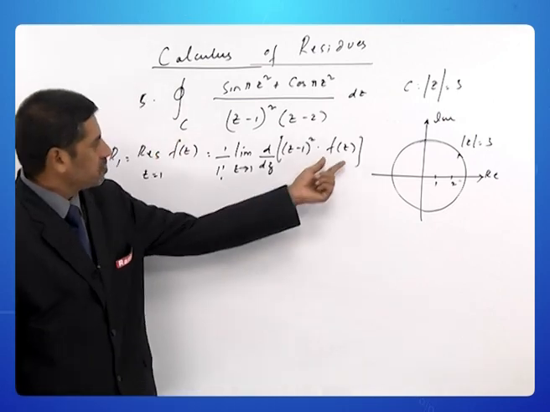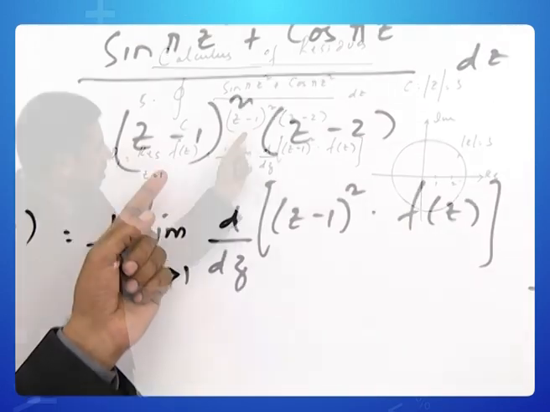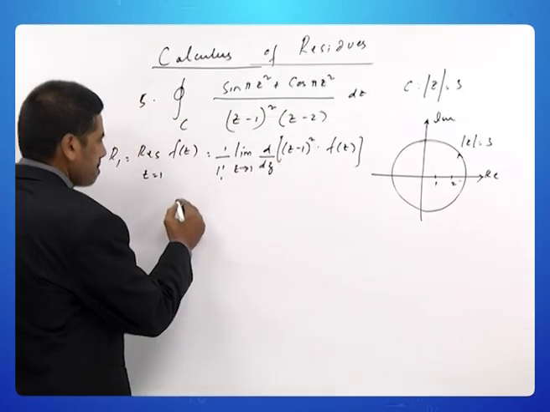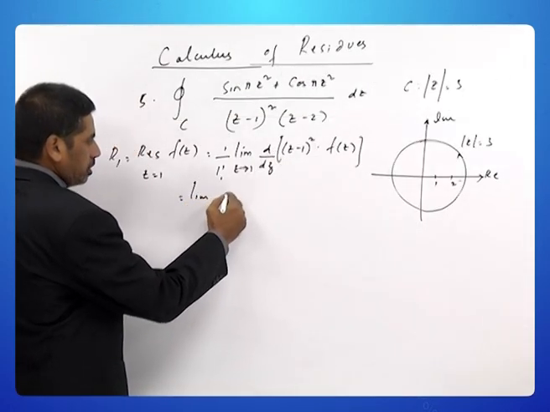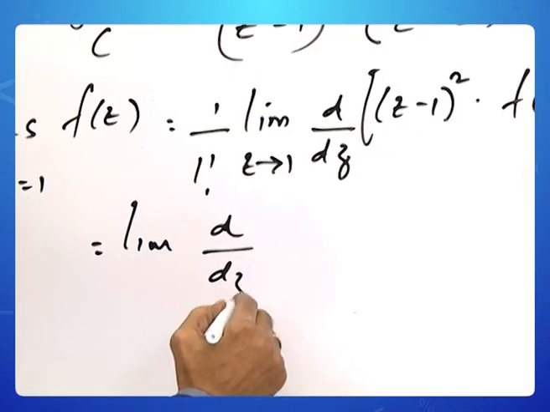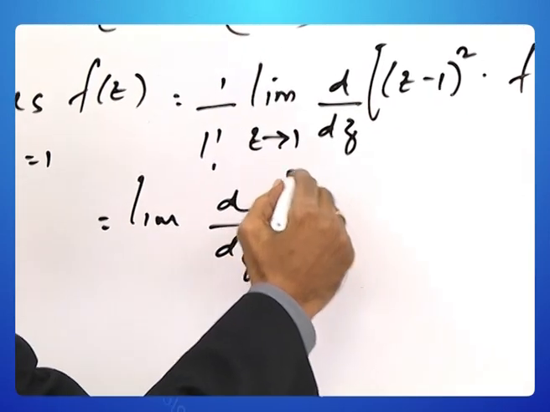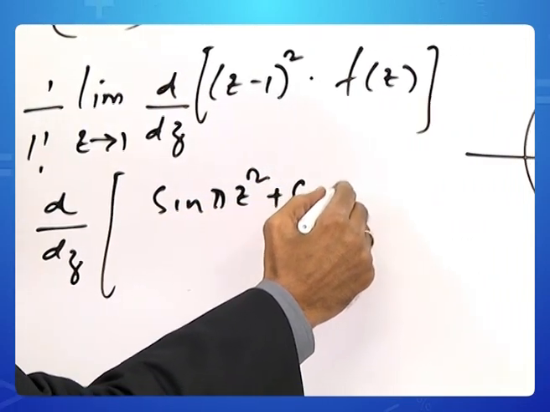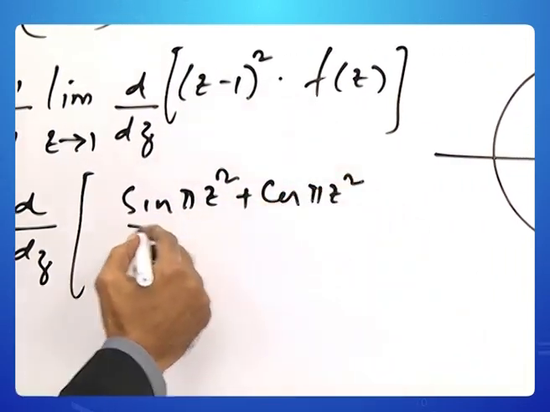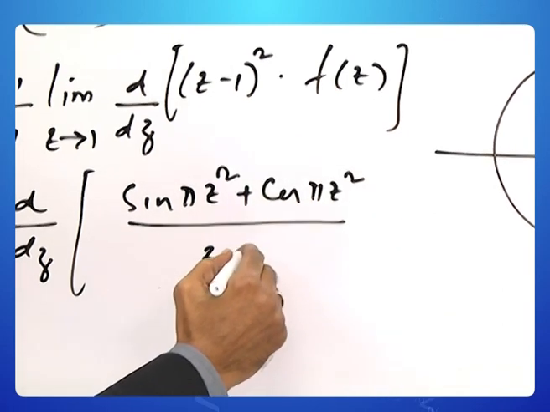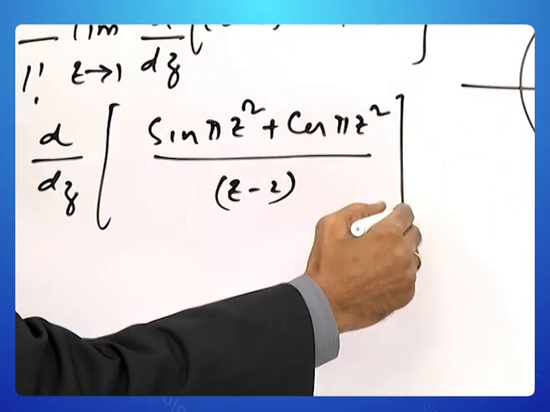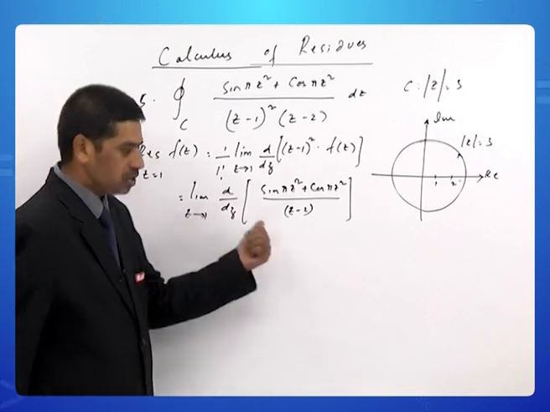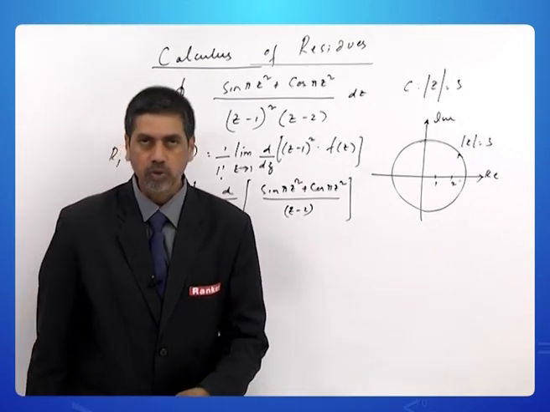So, now when f of z is substituted, the (z minus 1) whole square will get cancelled, leaving behind limit d by dz of (sin pi z squared plus cos pi z squared) by (z minus 2). So, you will have to differentiate this once and then substitute z is equal to 1.